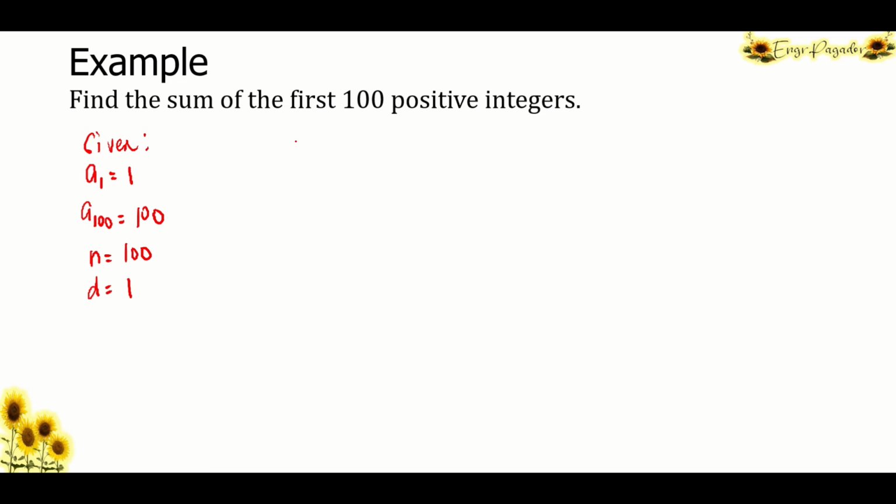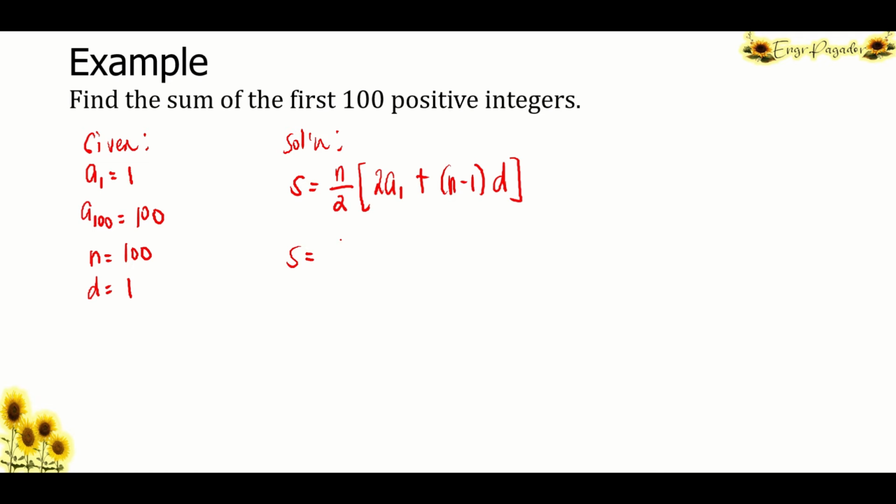Okay? So, yung solution na gagamitin natin dito will be S is equal to n over 2 times 2 times a sub 1 plus n minus 1 times d. So, we can use this formula to get the sum of the first 100 positive integers.